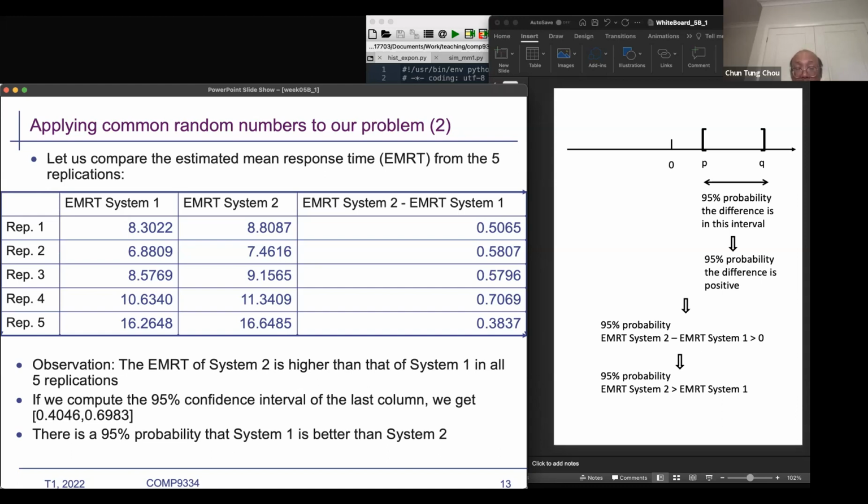When you have such hard to compare systems, you may need to use the common random numbers method in order to get accurate results. That's the message that I want to give you: for some systems which are hard to compare, the common random numbers method will be useful.